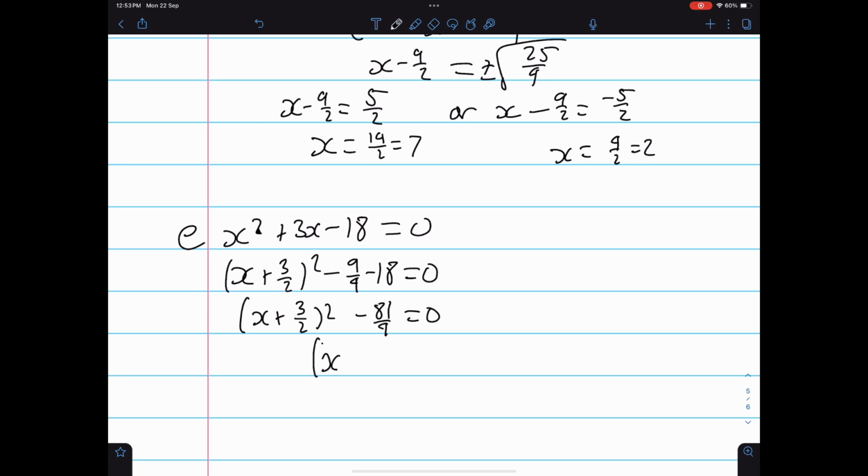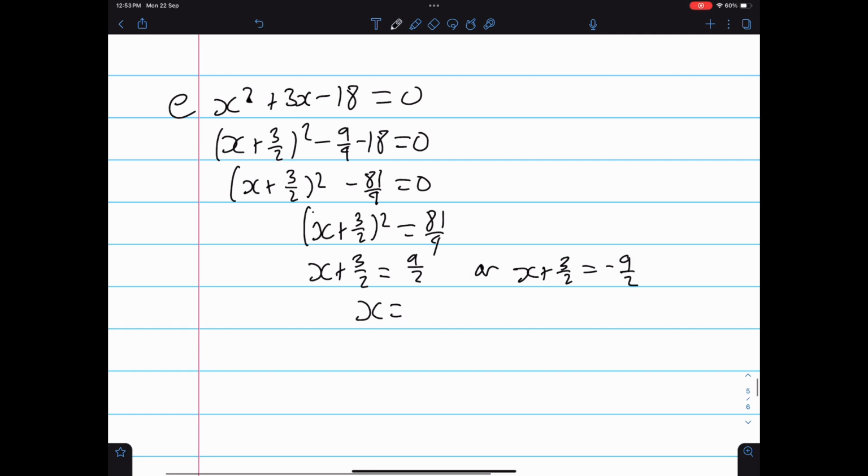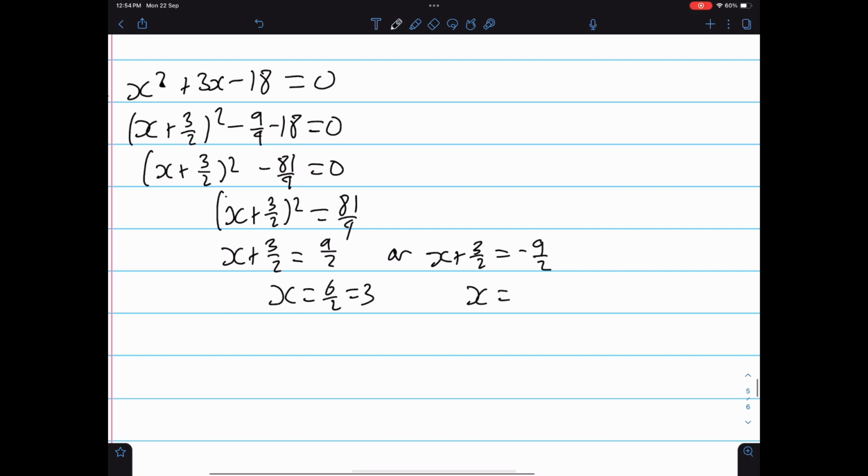So x plus 3 over 2 squared equals 81 over 4. x plus 3 over 2 is equal to 9 over 2, or x plus 3 over 2 is equal to minus 9 over 2. x equals 6 over 2, which is equal to 3, or x is equal to minus 12 over 2, which is minus 6.